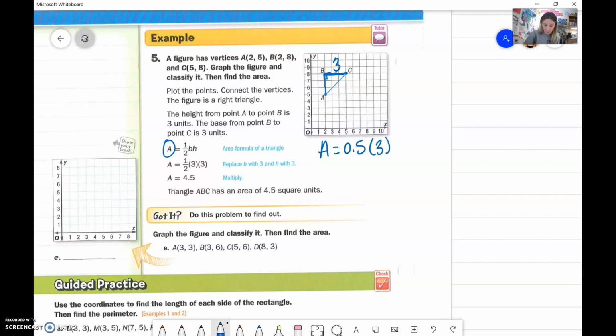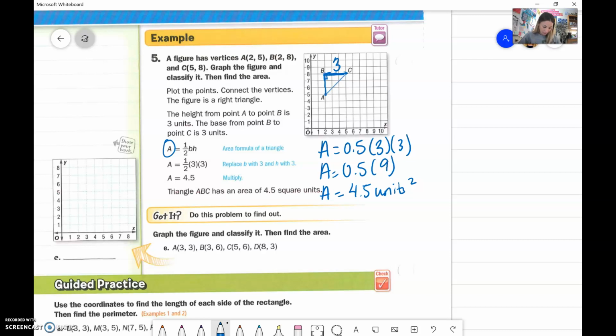So I have 3 times 3. Area equals 0.5 times 9, and half of 9 is 4.5 units squared, or square units.